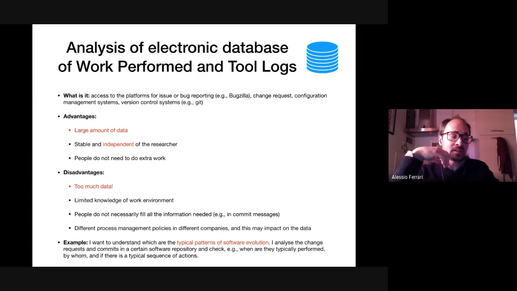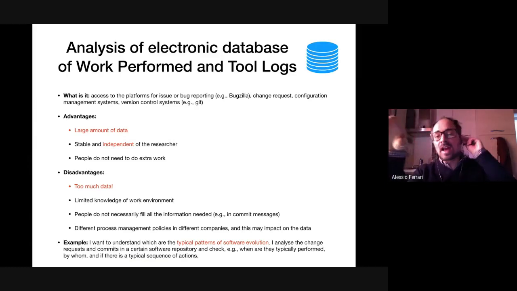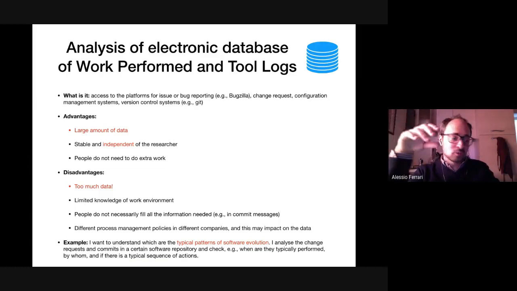And another issue is that information is often fragmented. When they do a commit, so when they send a new piece of code or a modification of the code to the repository, they may write in a short line what they've done. But you understand that unless you are really inside the project, it's not always easy to gather the information.